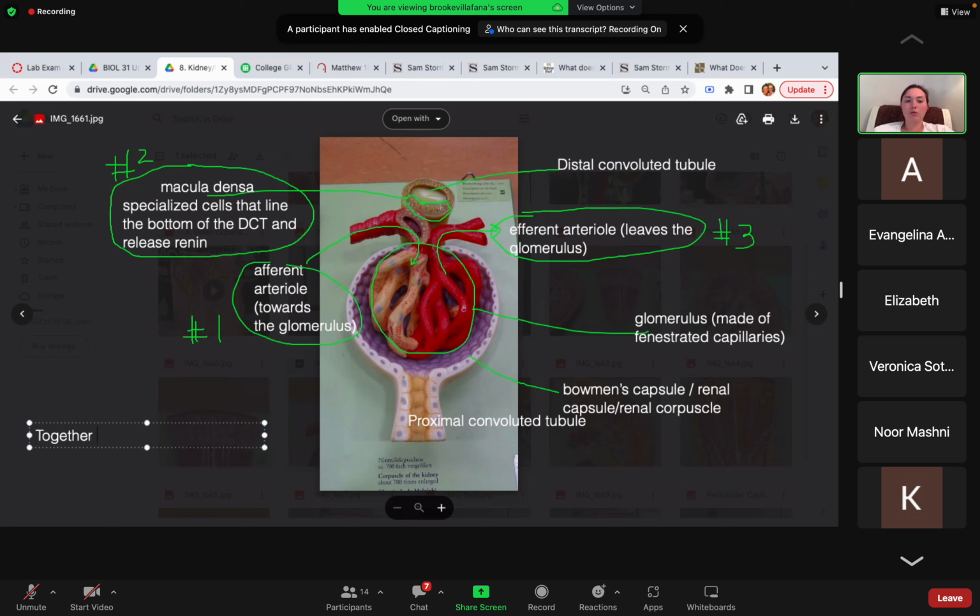Together, 1, 2, 3 make up the juxtaglomerular apparatus. So that is super important that you know. The function of that is to basically regulate blood pressure.